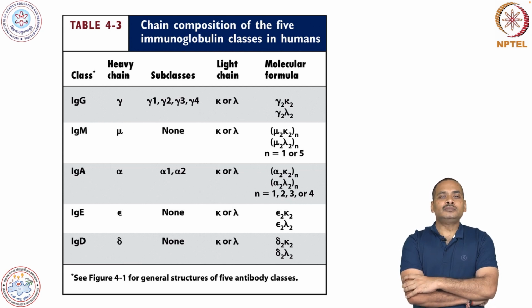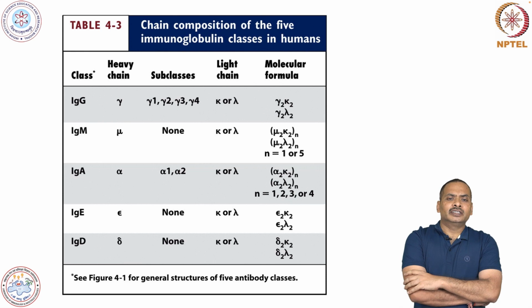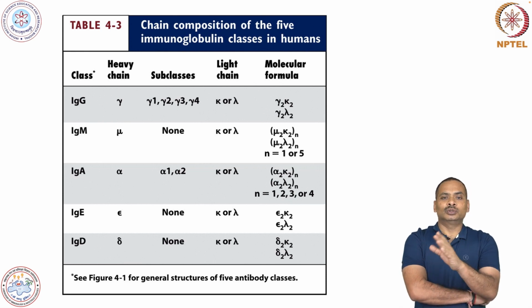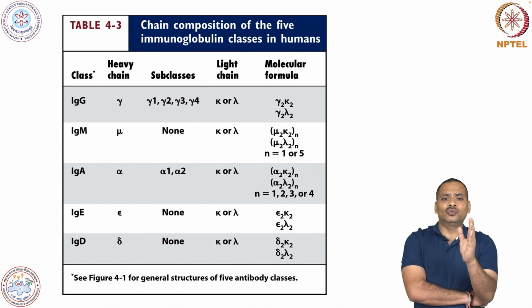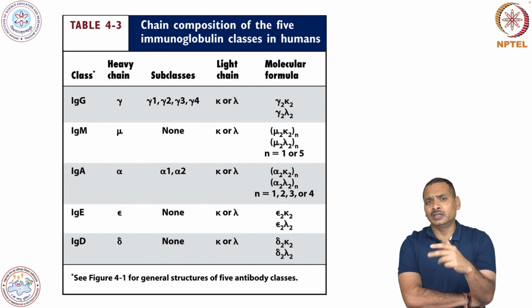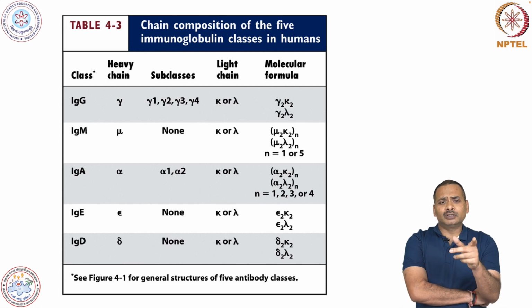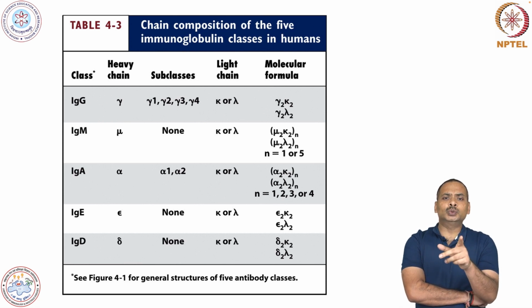Here you can also write, in case of IgG, gamma 1 2. Gamma 1 means the subtype will be gamma 1, and it can combine with either kappa or lambda. So it will be gamma 1 2 kappa 2 or gamma 1 2 lambda 2.